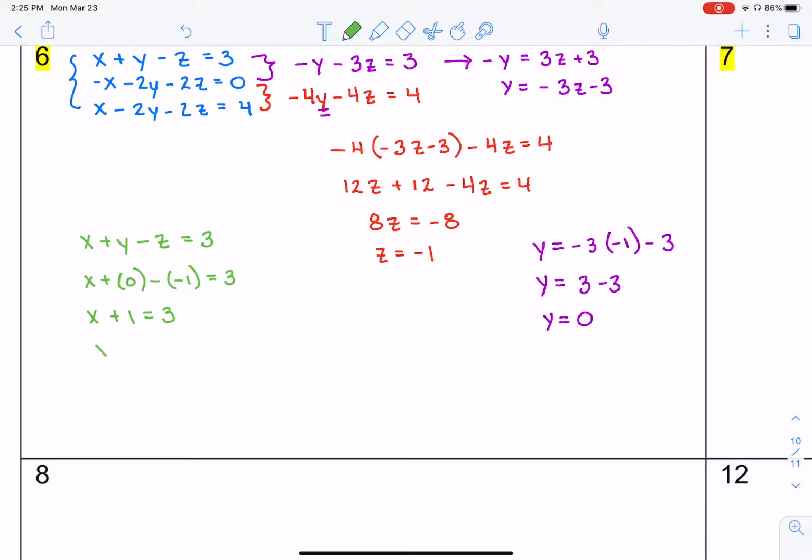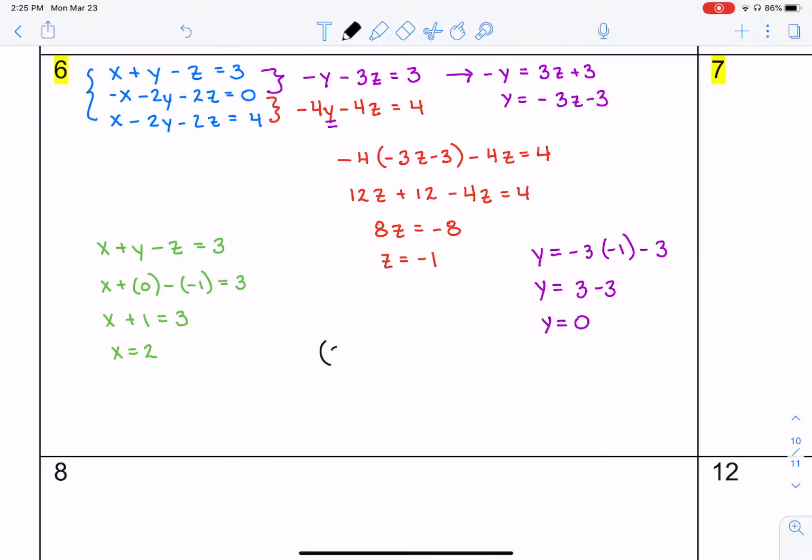And I find that x is going to be 2. So when I put these all together in my x, y, z form, I get 2, 0, negative 1. And that's my solution.